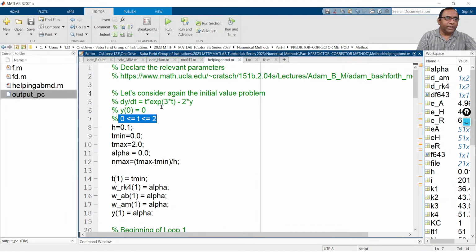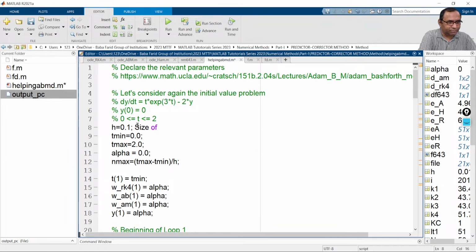So here we are choosing h. h is the increment, or the distance between two consecutive points, when we have a partition of the given interval. So this is the value of h, or the size of step.